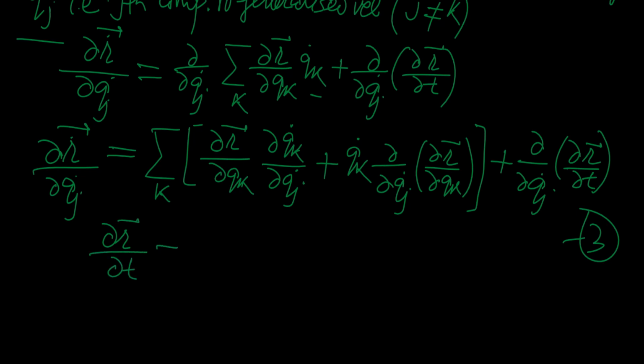In fact, this ∂r/∂t is a function of what? It is a function of different values of q, that is q1, q2, q3 to qf, and t also, and this ∂r/∂t is not a function of q̇.